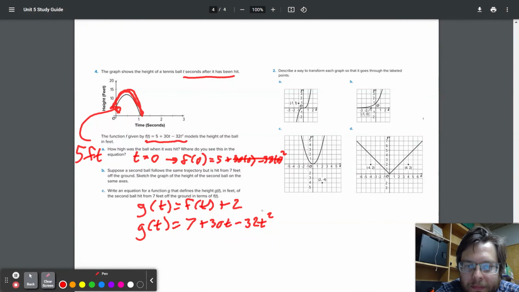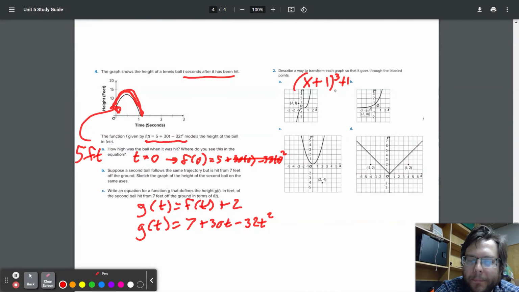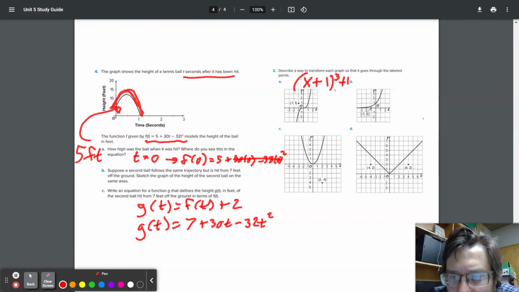All right, last one, transforming graphs so it goes through the labeled point. This parent graph is x cubed, and I can see that it needs to go left by 1 and up by 1. On part B, this looks to me like a 2 raised to the x pattern. No, a 3 raised to the x pattern maybe? Kind of hard to see exactly.